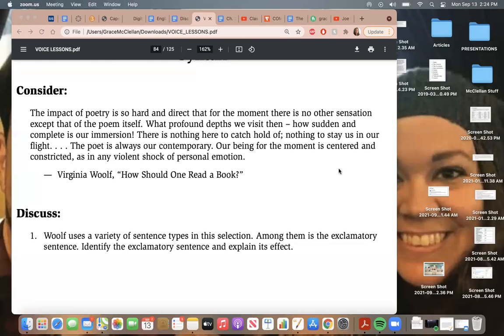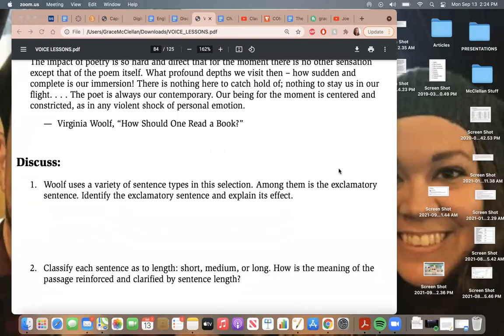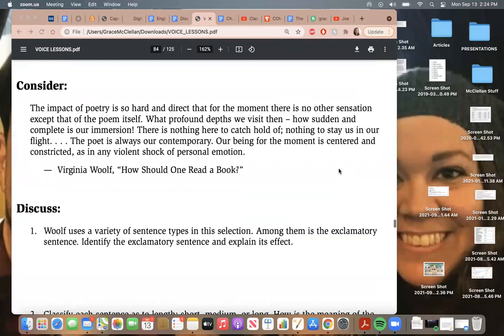And then the second question, I think this is a little bit more complicated: classifying each sentence short, medium, or long, and how is the meaning of the passage reinforced and clarified by sentence length? I'm not actually going to ask y'all that question because I think it is sort of complicated, but I just wanted to point out this first sentence is pretty long.